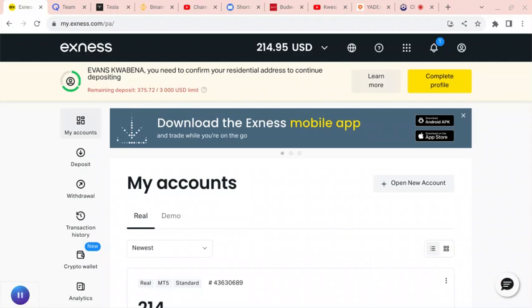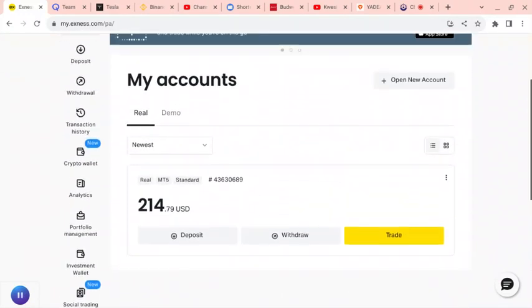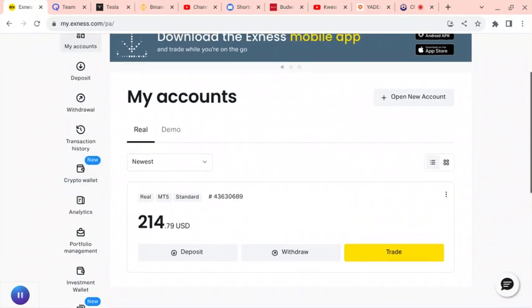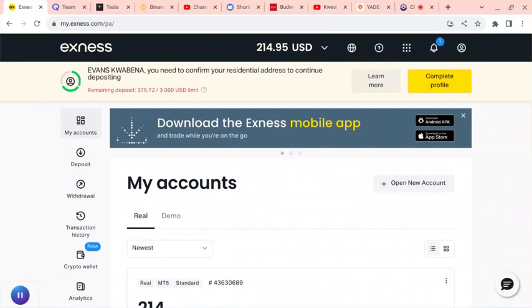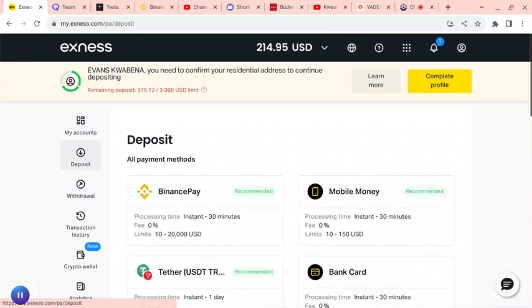So when it comes to Exness, this is how an Exness account looks like. This one is my trade account, and I have $214 in it. When you are sending money, it only appears in USDT.